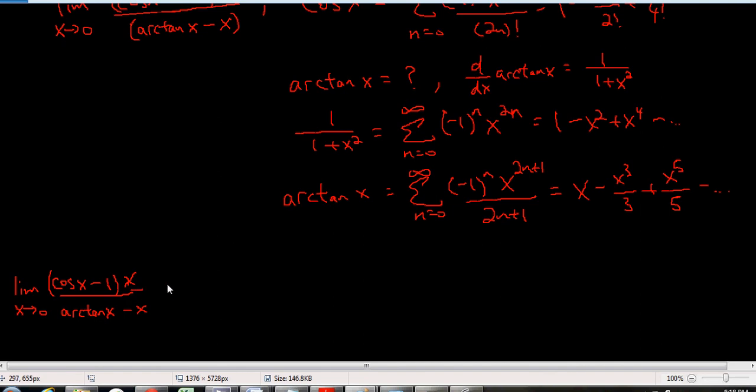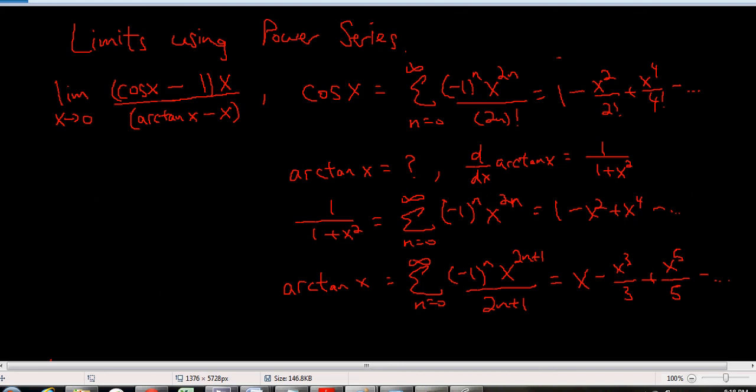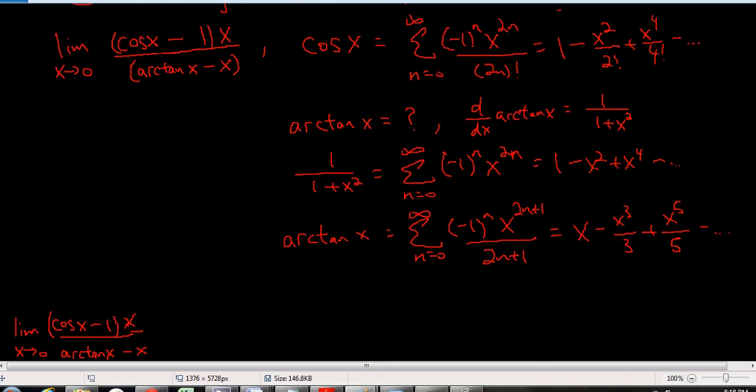Alright, so let's go ahead and plug those in. Let's see if I can get them both in the same window. There we go. So this is equal to the limit as x goes to 0 of 1 minus x squared over 2 factorial plus x to the 4 over 4 factorial, and that's just cosine of x minus 1, and then times x.